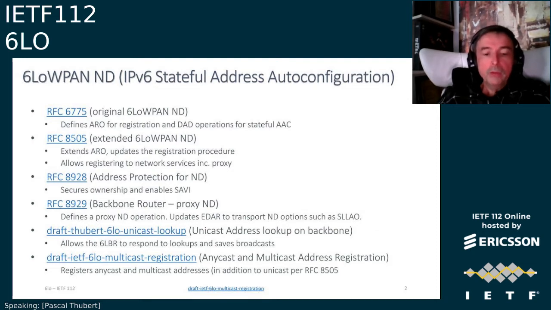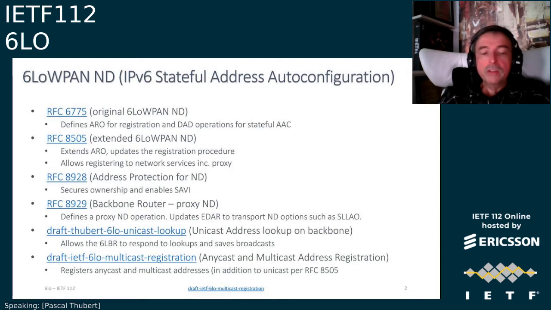And now we have two new documents which are being proposed to this group. One is still a personal submission. I will discuss it next. And the one that we are talking about now is the multicast registration. So as you know, 8505 was about unicast IPv6 addresses, and so you could not register multicast.